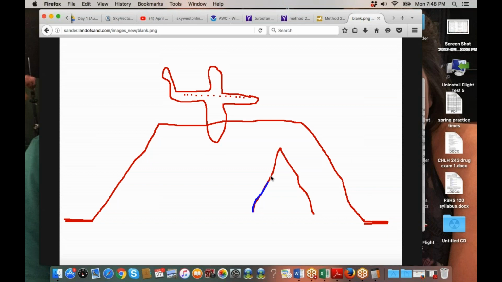The mountain is blue now. And now engine failure is going to be yellow. So we have engine failure up here. Now we've only got one engine.